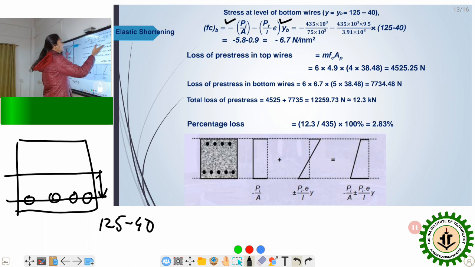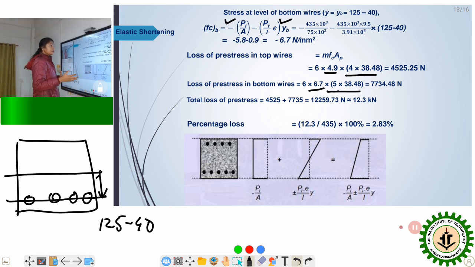Here we are going to get the loss in pre-stress in the top wires and in the bottom wires with respect to the area of the steel. We know that both of them have the same stress FC, because for the cross section, whatever stress is coming, for the transformed section we will only have to multiply it with the modular ratio. So FCT is equal to m FC for the transformed section. So here we are going to get the loss of pre-stress in the top wires as well as in the bottom wires similarly.